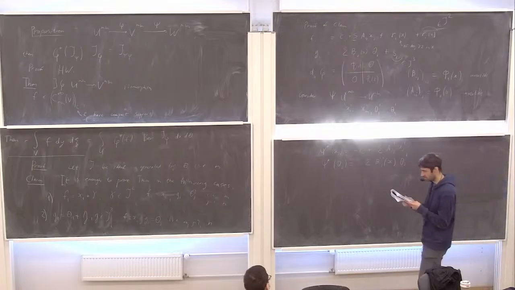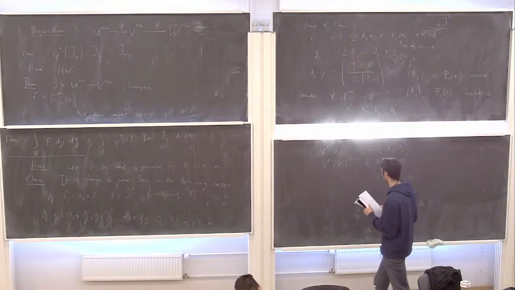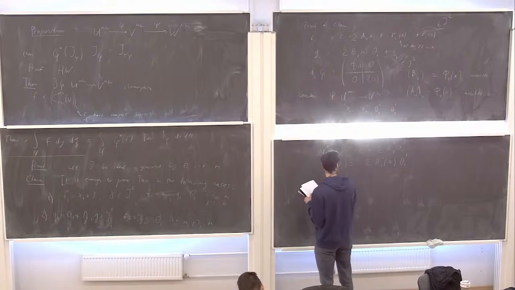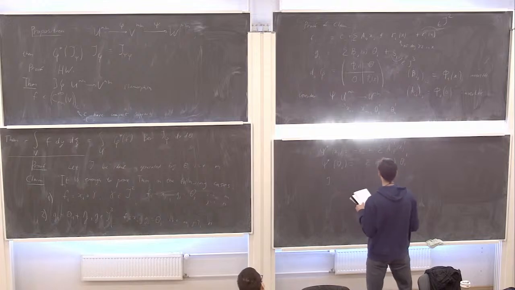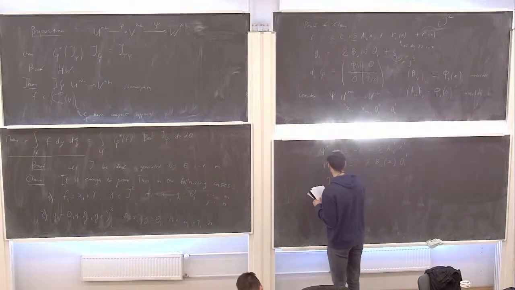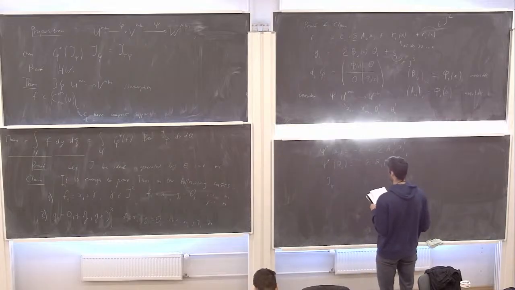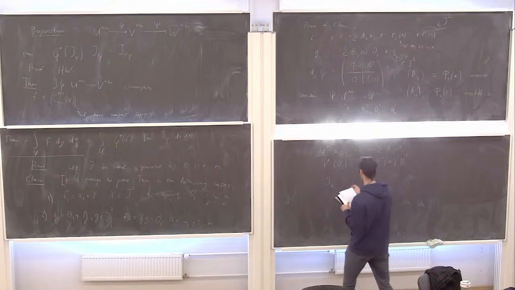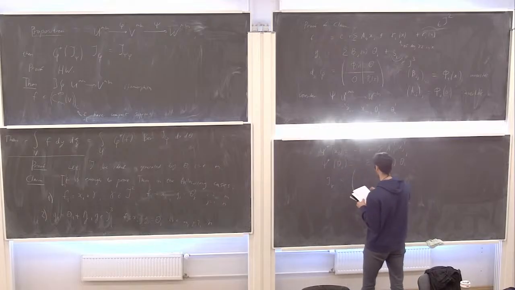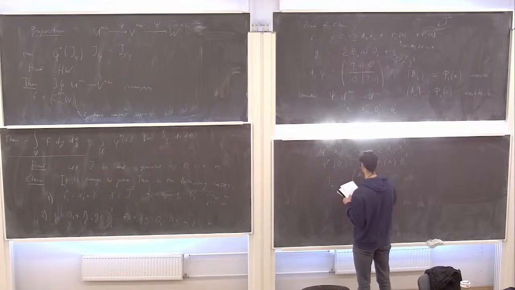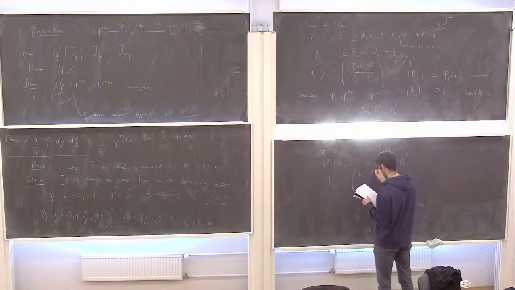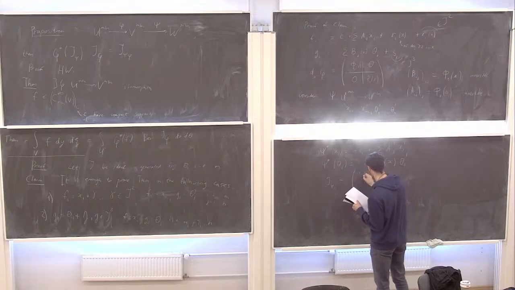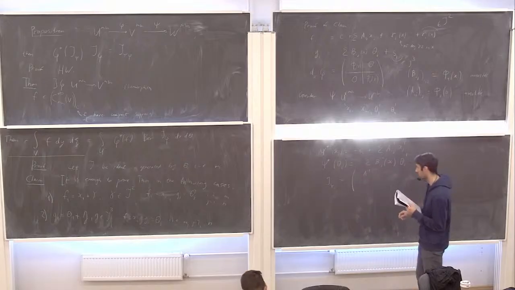And then my J of psi will be what? So I will still have, let me see, A inverse here, well, no determinants, so just A inverse here, right?